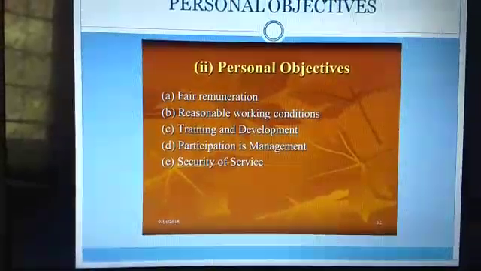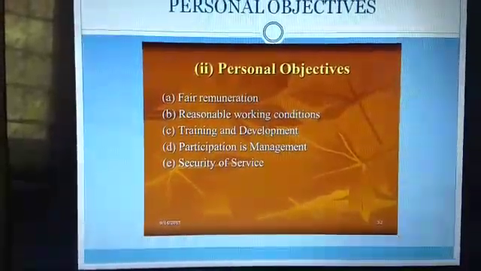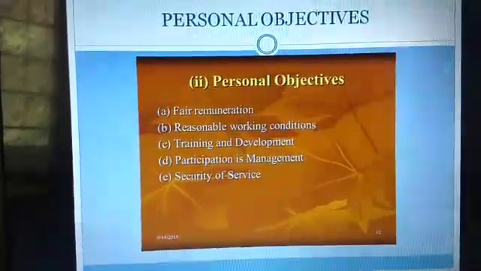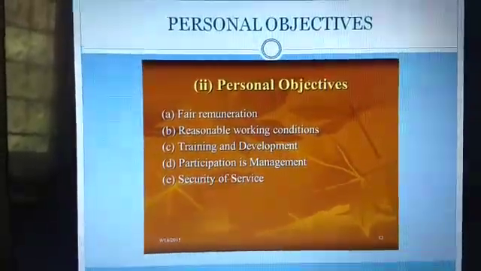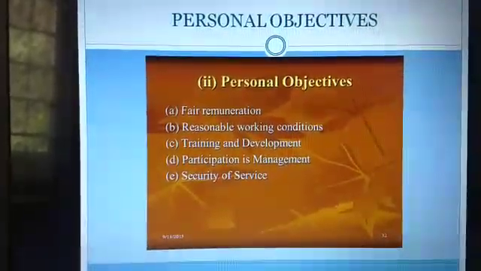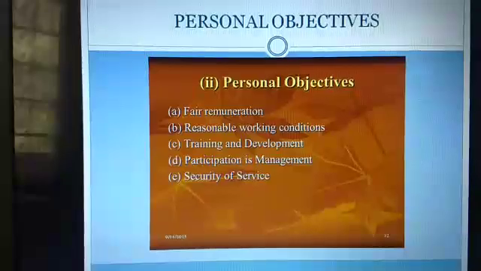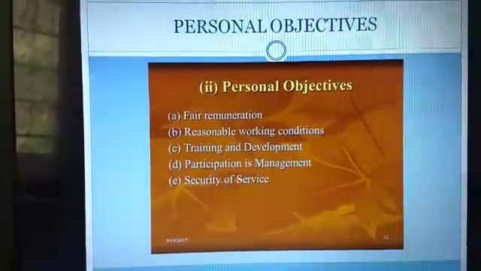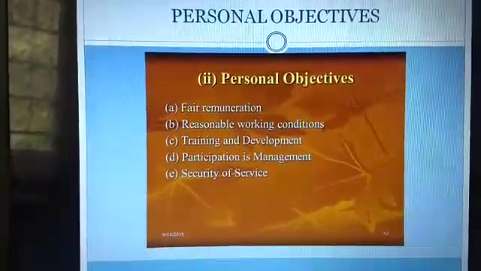Participation in management means to give them a chance to take part in the decision making process. Security of service means to give them the satisfaction that they are going to stay in the organization for a long period of time if they are working well for the organization.